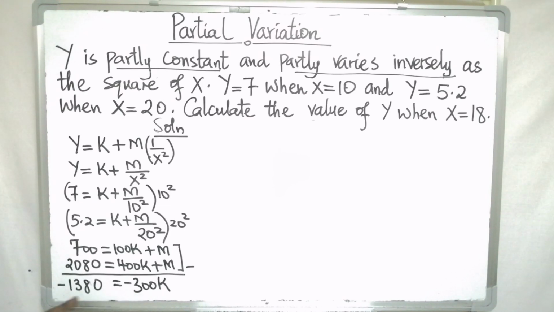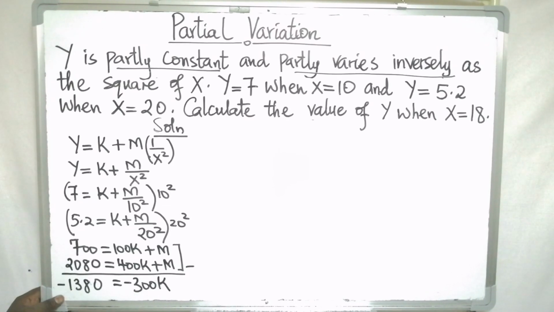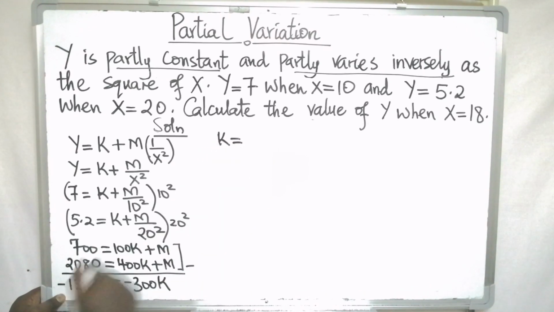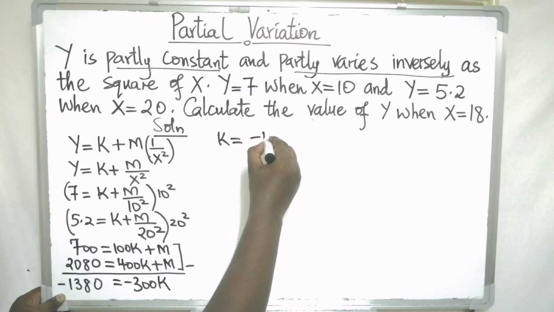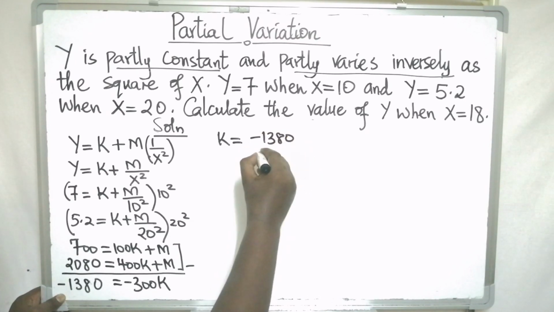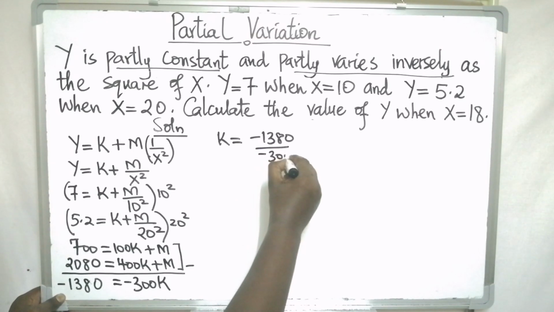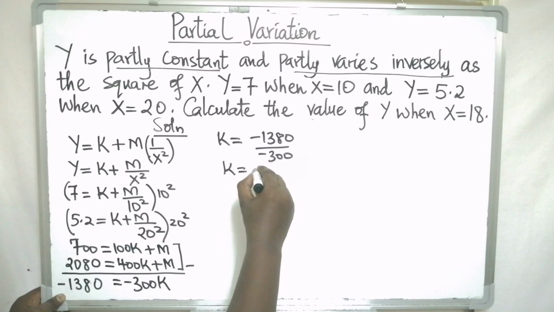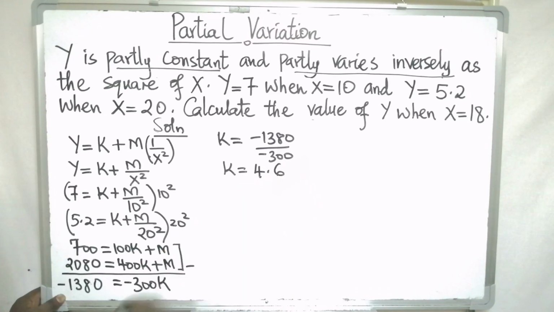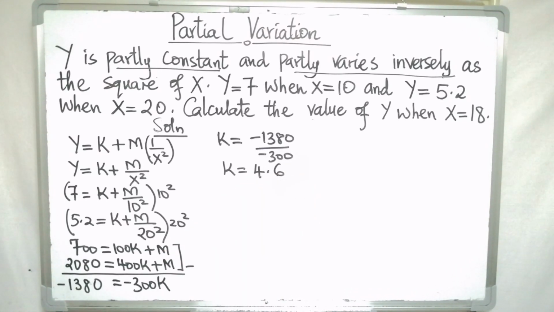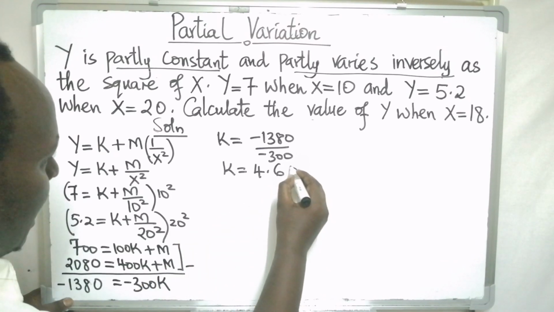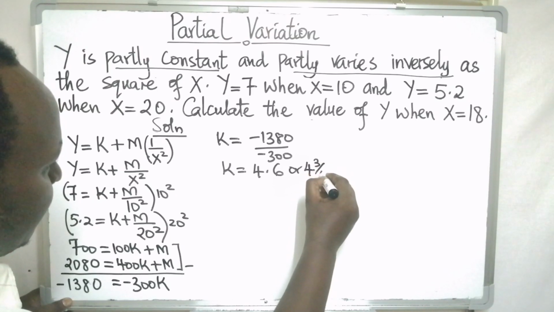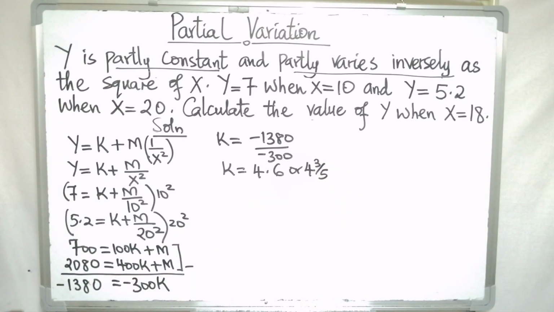So our value of k will be equal to minus 1380 divided by minus 300, and when you divide, you get 4.6. That will be our value of k. It can also be written as 4 and 3 over 5.